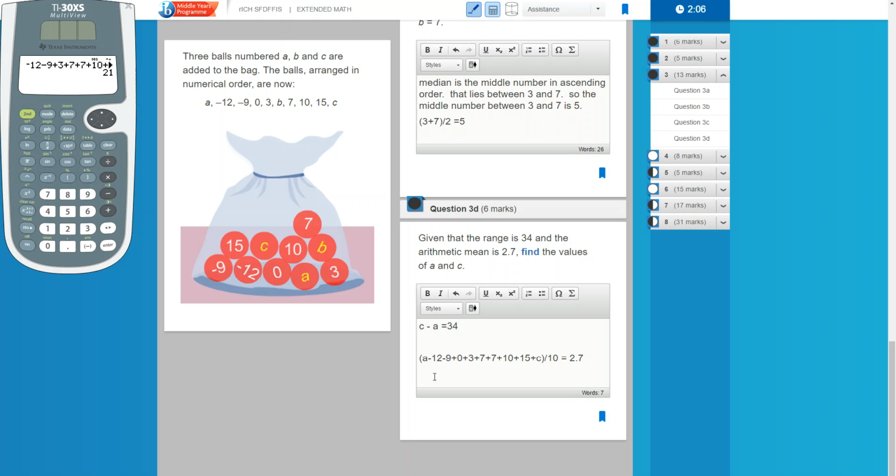Yep. So I've got A plus C plus 21 equals 2.7. Looks a bit nicer.